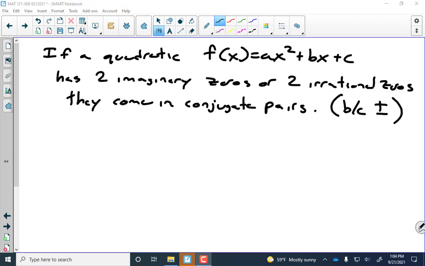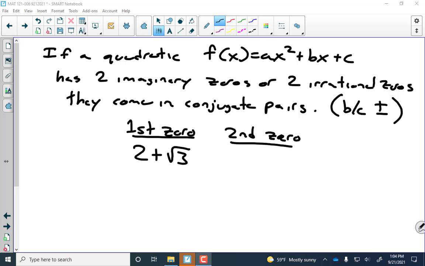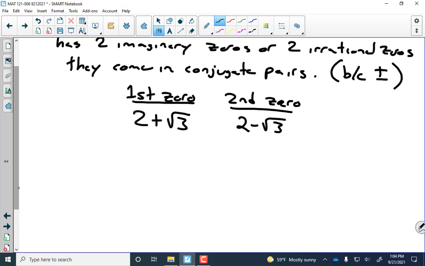So that's why when we get imaginary answers or irrational answers, they look very similar to each other, except one has a plus and the other one has a minus. So when you're finding zeros, if your first zero happens to be something like 2 plus the square root of 3, your other zero would be 2 minus the square root of 3. That's called a conjugate pair. And that's how they come when they have the square root in them.